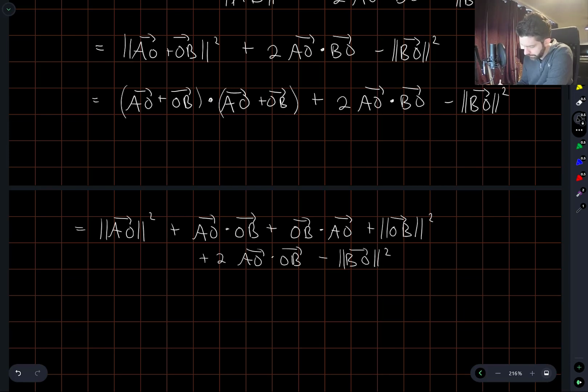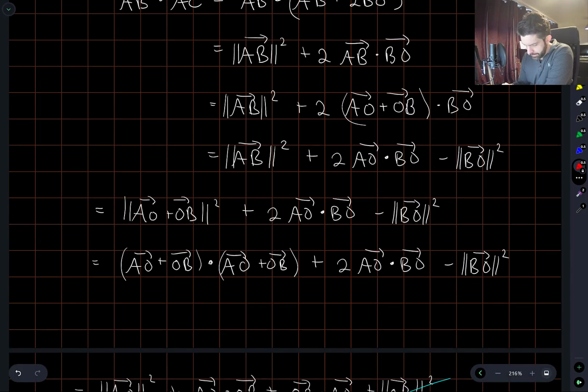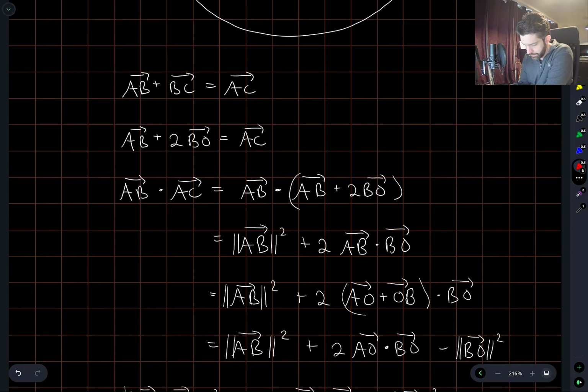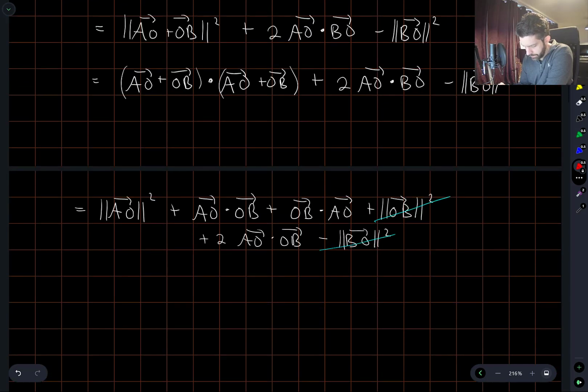Okay, so some stuff is going to cancel here. That cancels with that. Have I made a mistake in arithmetic? Because it looks like things are not fully canceling.